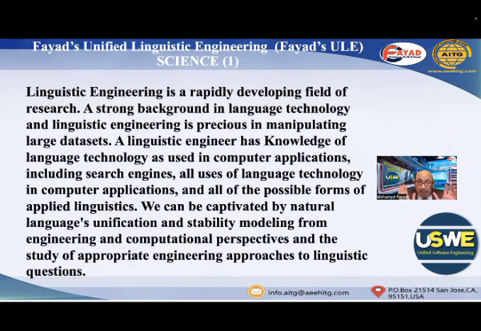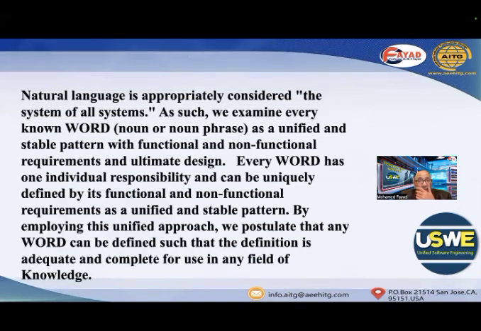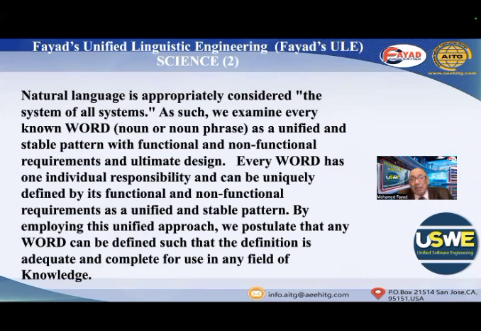That's what I'm coming in on. And stability modeling from engineering and computational perspectives, and the study of an appropriate engineering approach to linguistic questions. Have you ever thought about that? This is very important. Let me show you what we have there. Natural language is appropriately considered the system of all systems.